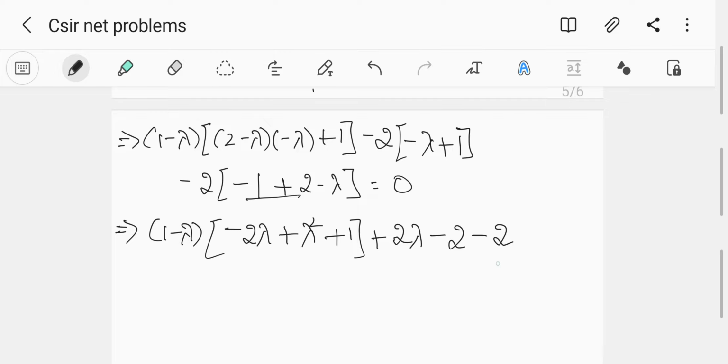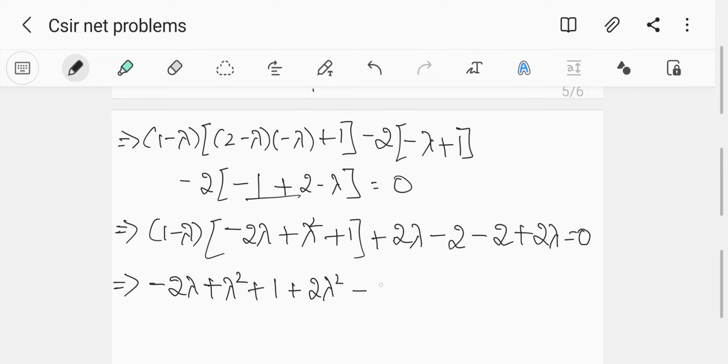Then minus 2 into minus lambda, that is plus 2 lambda, is equal to 0. Again multiplying each term, we get minus 2 lambda plus lambda square plus 1 plus 2 lambda square minus lambda cube minus lambda plus 2 lambda plus 2 lambda minus 2 minus 2 minus 4 is equal to 0.